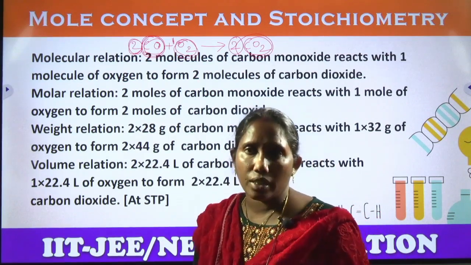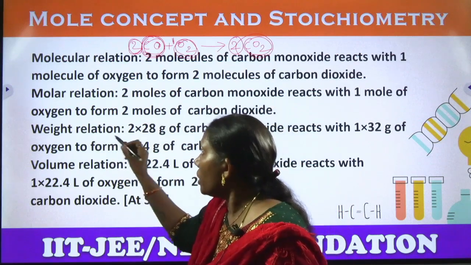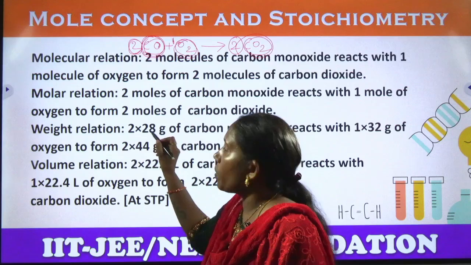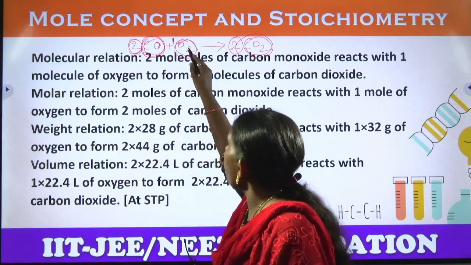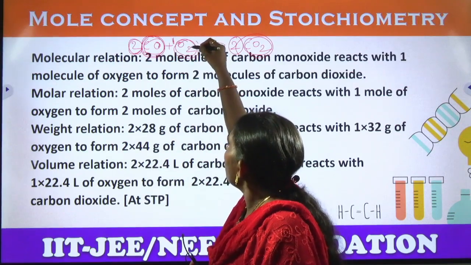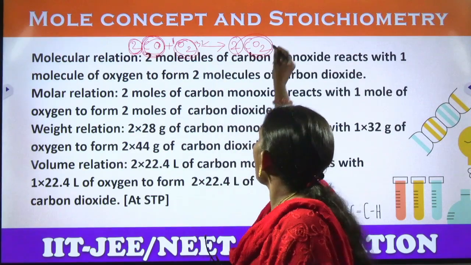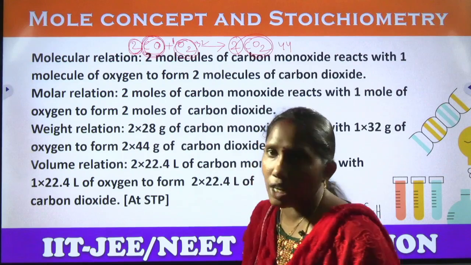Now weight representation. How to represent with weight? Generally, the weight of carbon monoxide is 28 grams. The weight of oxygen is, with 1 oxygen 16, so 32 grams. Carbon dioxide is 44 grams.